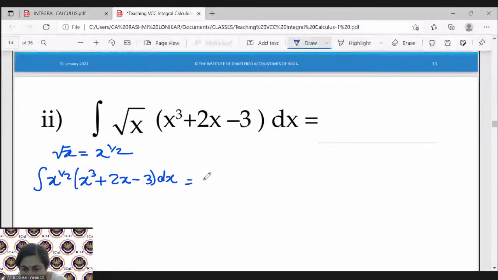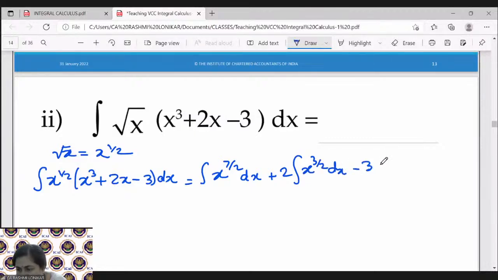So this is equal to integral of x raised to 3 plus half, which is 7 by 2, dx, plus 2 integral of x into x raised to half, which will be x raised to 3 by 2, dx, minus 3 integral of 1 dx.